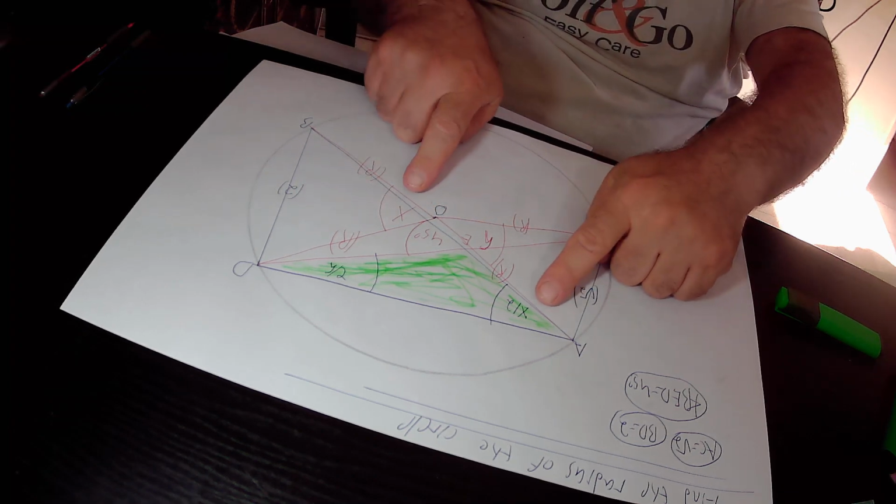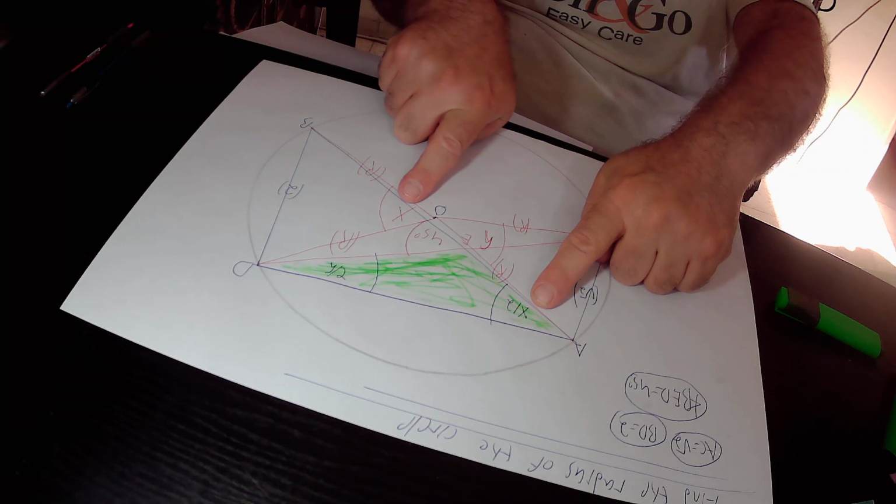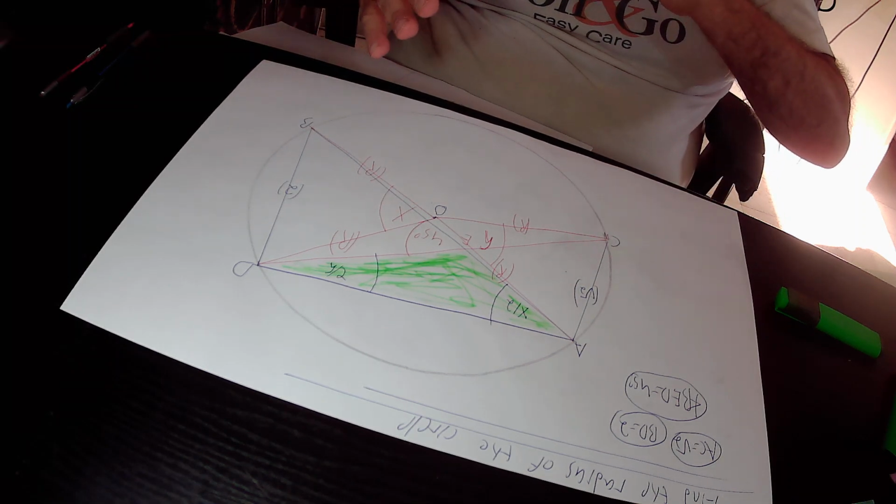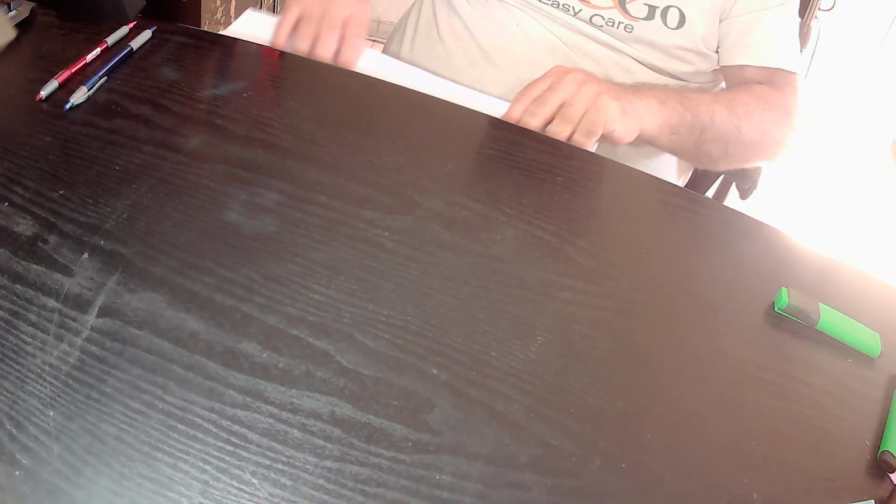So those two angles both subtend on the same chord DB. Therefore, we can implement here rule 13. So I repeat quickly rule 13.